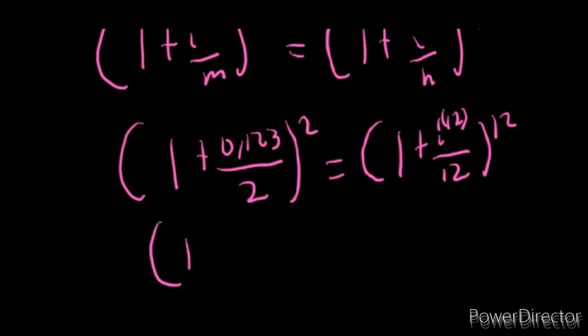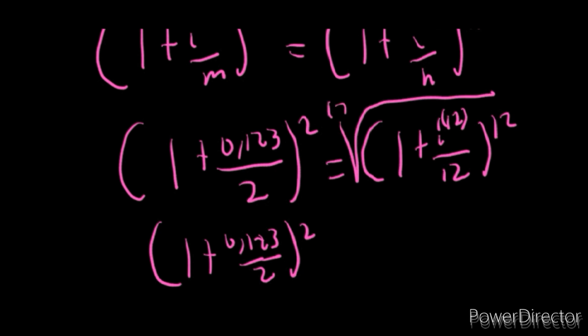So now this is gonna be 1 plus 0.123 over 2, and this is gonna be to the power of 2. In order for us to make this the subject, the first thing we have to get rid of is this exponent. We get rid of it by taking the 12th root on both sides.